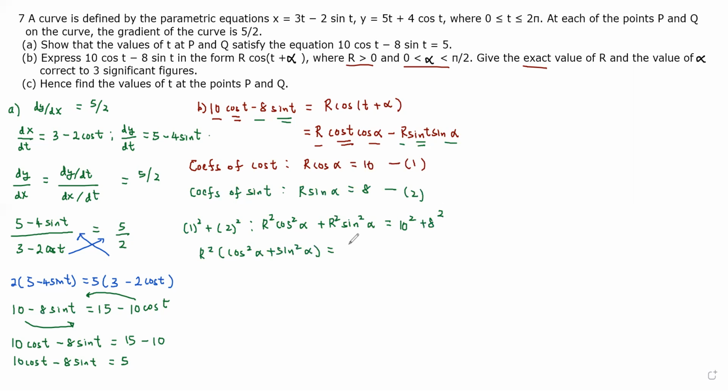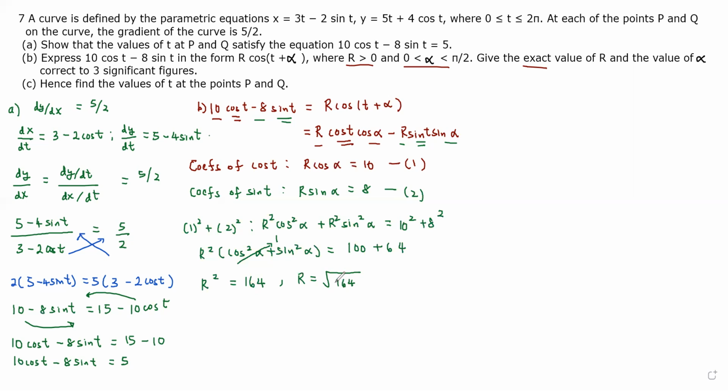That is 100 plus 64. From the fundamental identities of trigonometry, the sum of squares of sine and cos is always 1, so R squared is 164, and R is the positive square root of 164, since R must be positive. This gives us the exact value of R.